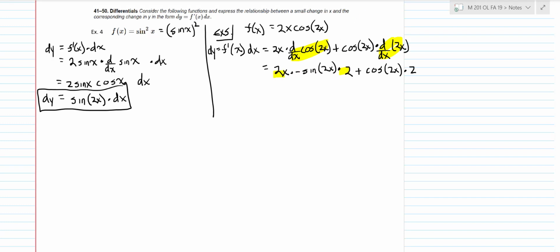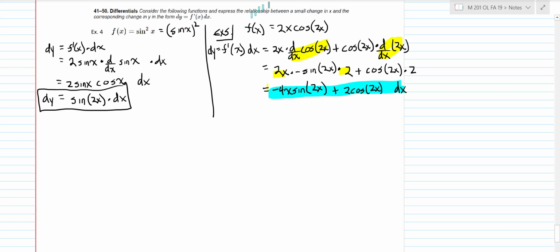These can go together, and I'll write the answer as negative 4x sine 2x plus 2 cosine 2x. Then you've got to tack on the dx. Okay, and that's good enough. Just remember to put the dx in there. You've got to do that on your homework. Make sure the dx is there.